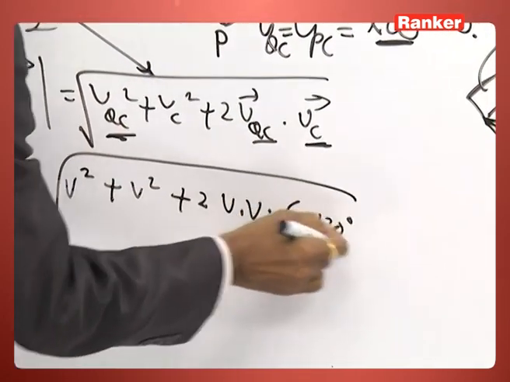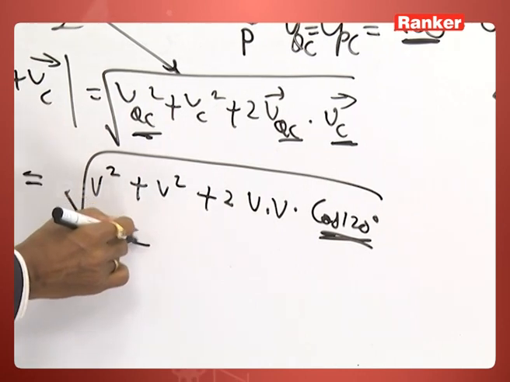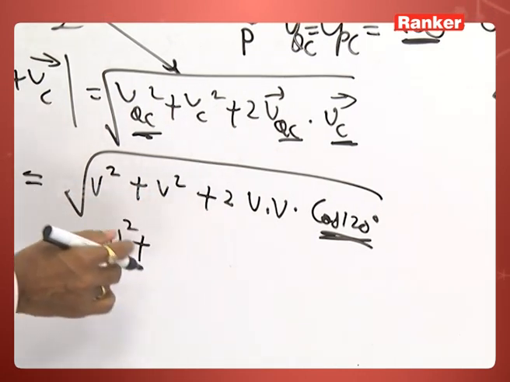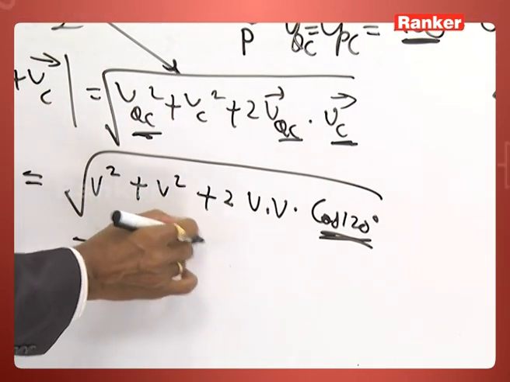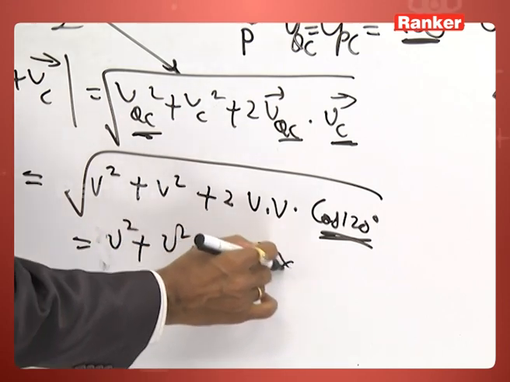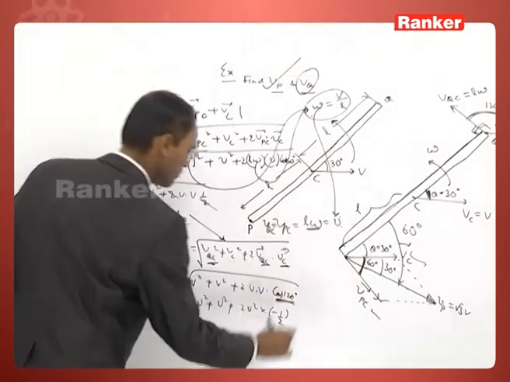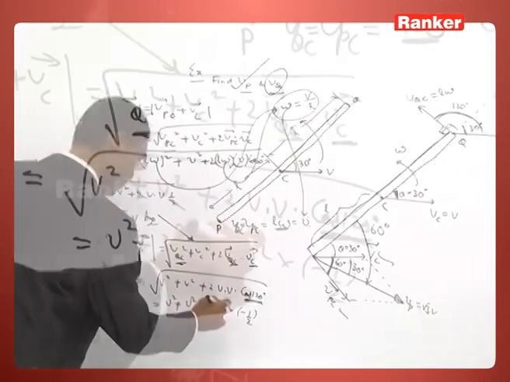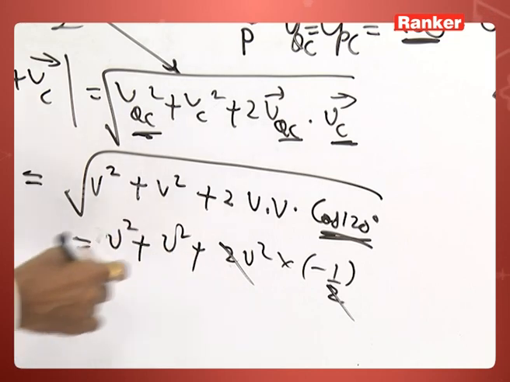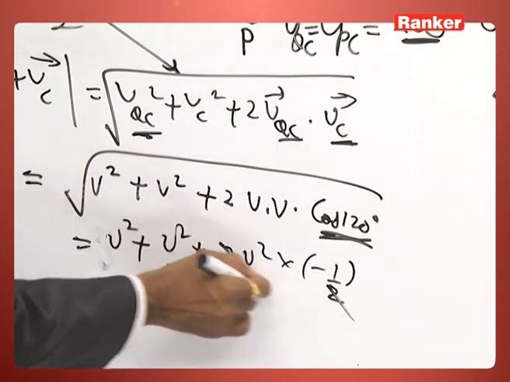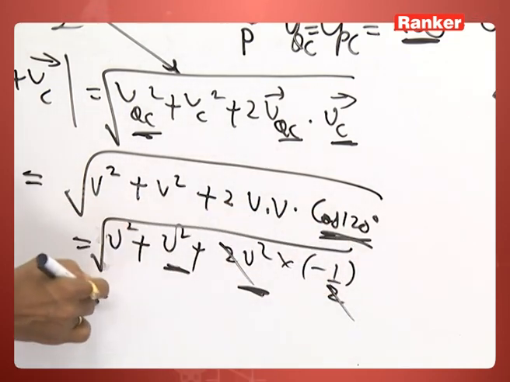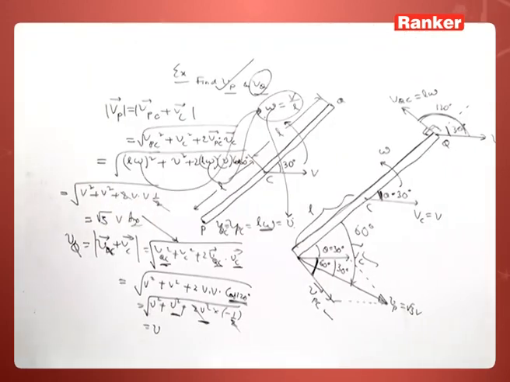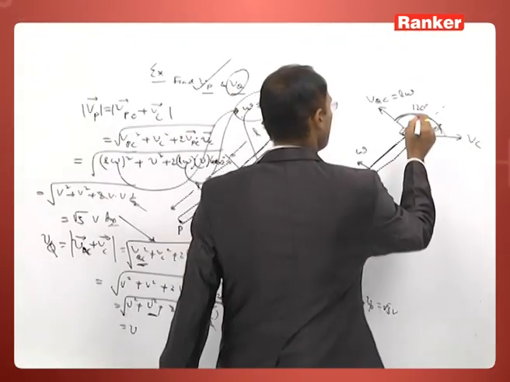So, you are getting V square plus V square plus 2V square into cos 120 degree. Cos 120 degree is equal to minus 1 by 2. So, 2 is getting cancelled. There you are getting 1 V square, another V square is getting cancelled. So, ultimately you are getting V. Velocity of Q is equal to V.